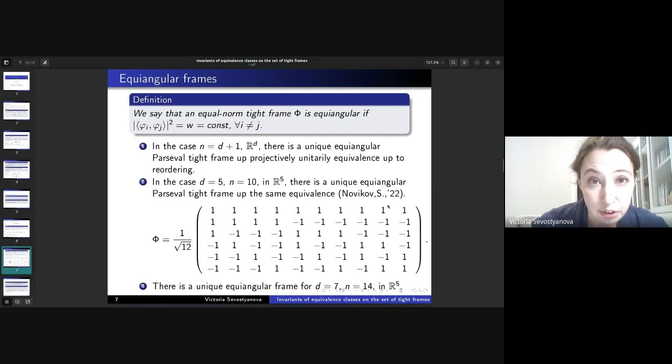You can see that these columns make an equal norm equiangular frame. We have the same result for the case when d equals 3 and n equals 6, and for the third case when d equals 7 and n equals 14.